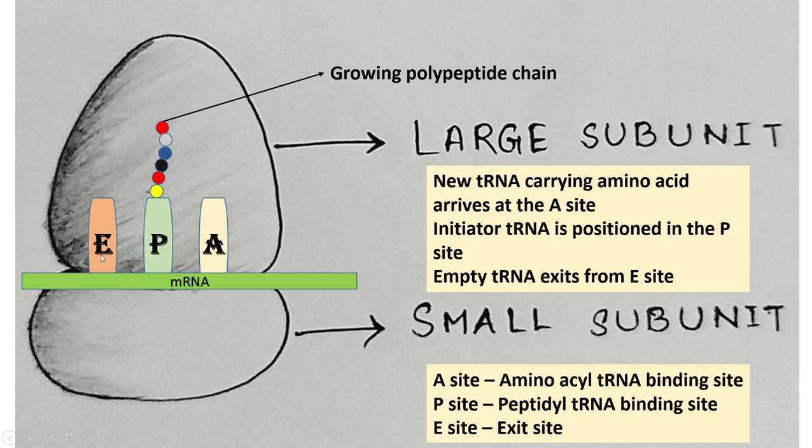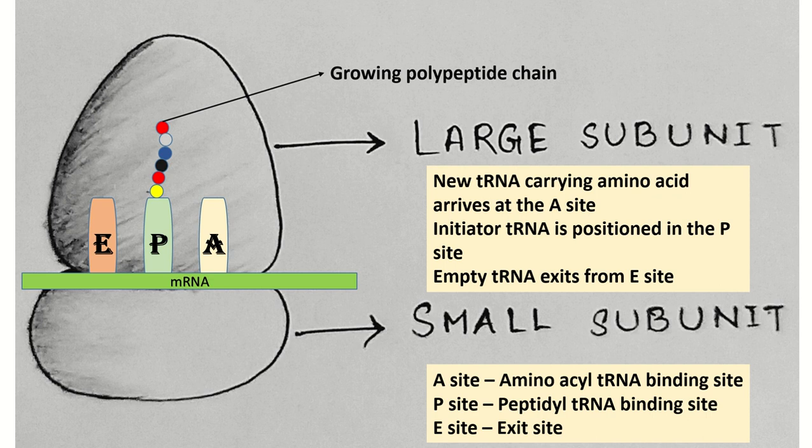These three sites are associated with an mRNA that binds to the small subunit. In prokaryotes, during the initiation of translation, an initiation complex forms which contains the small subunit which is associated with the mRNA. These three, E site, P site, A site, and ultimately the large subunit binds to it. This is how translation commences.